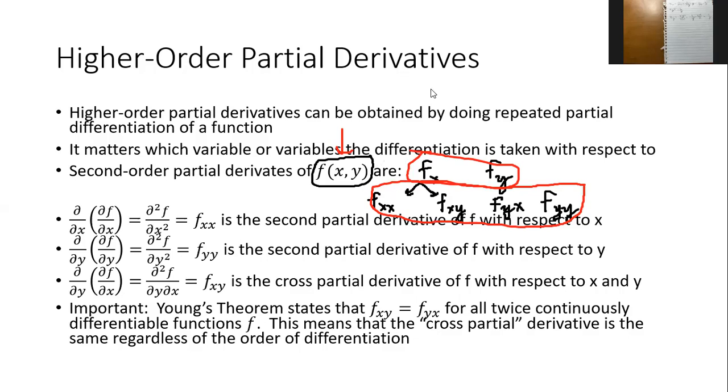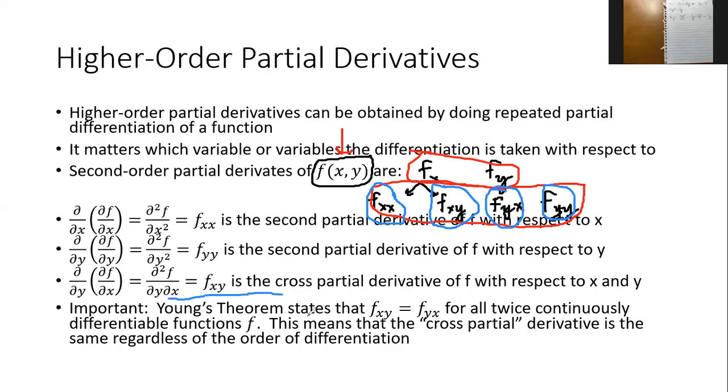Like, for example, this is a second order derivative with respect to what? Well, first with respect to x, and then again with respect to x. What about this one? Oh, that's the derivative first with respect to x, then with respect to y. And then this one is pretty similar, except y and x are in the reverse order. And then this is the last one.